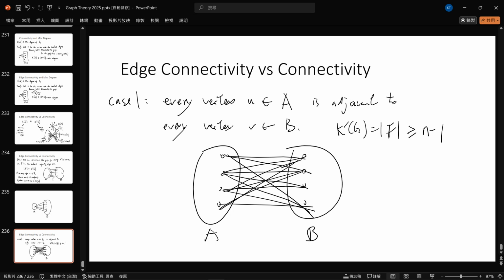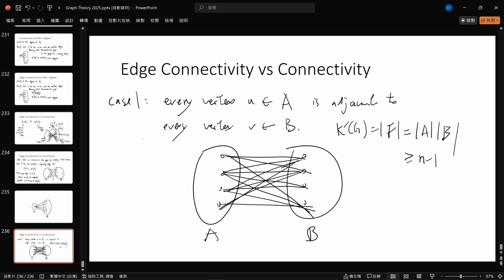Because the sum is n. So this is the whole graph. The number of vertices is n, so you can divide n into two numbers and consider the sum, or perhaps I should write this is the product of the size of A and the size of B. And their sum, the size of A plus the size of B is n.